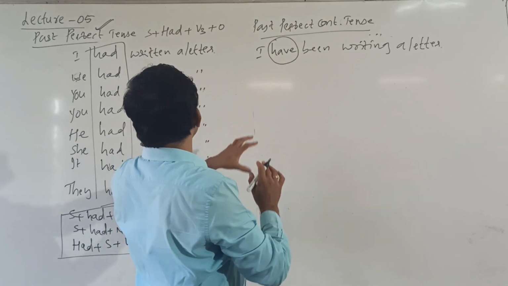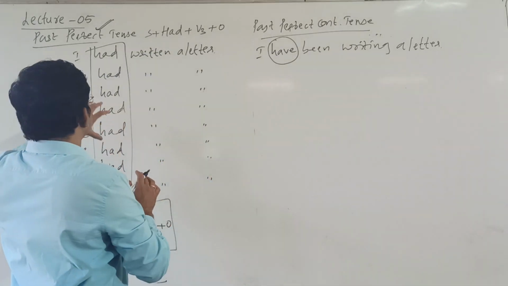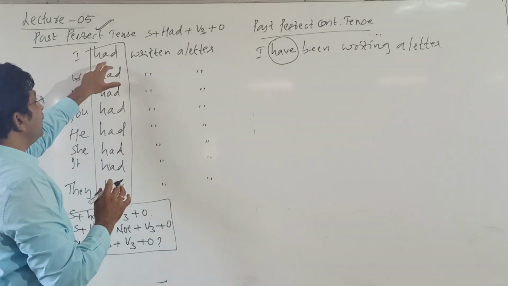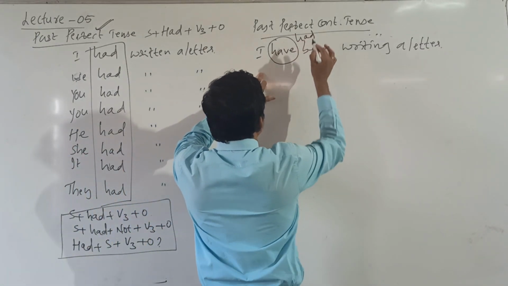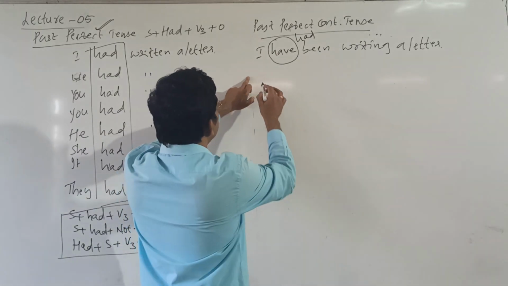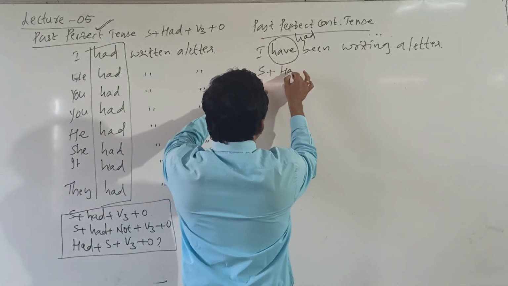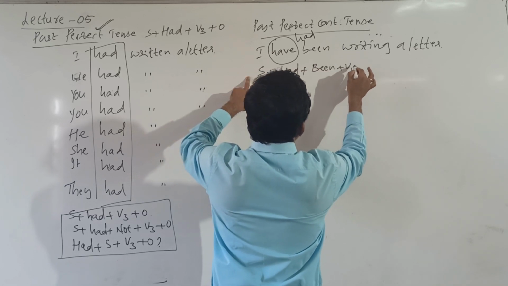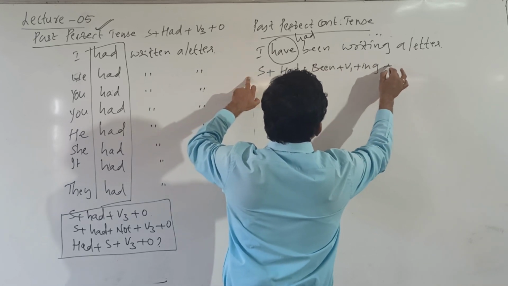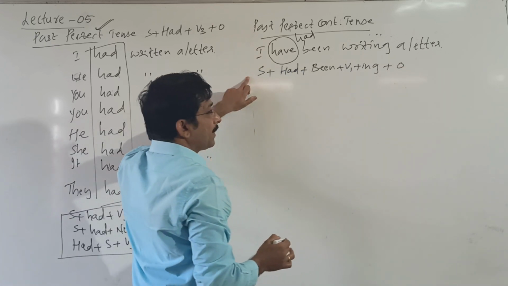Here there is only one change, as we have done over here. In place of have, we have to use had. Then what is the structure? Subject plus had plus been plus V1 plus ing plus object.